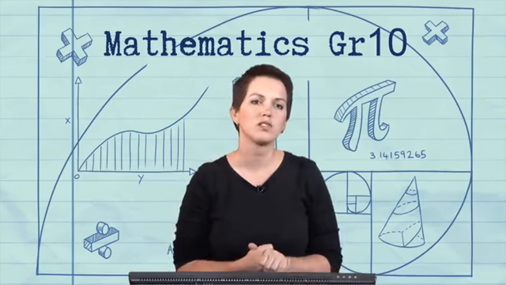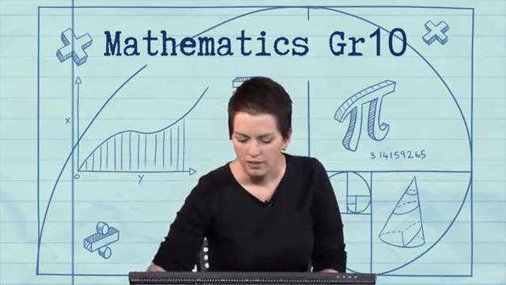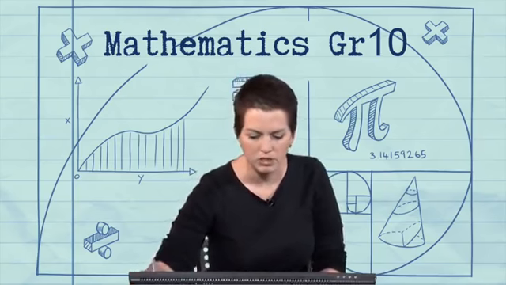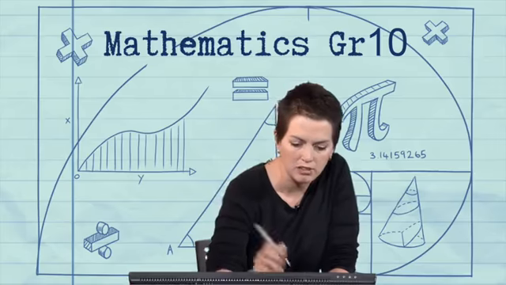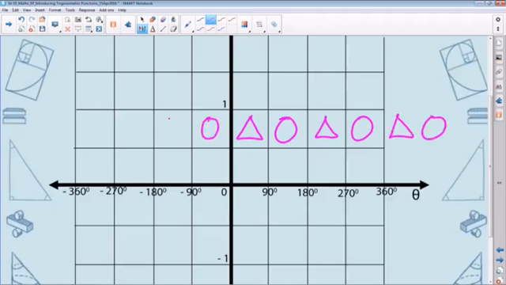So if we thought of it, actually let's draw on this. I'm going to use my cosine graph paper, and I'm just going to draw a pattern. And here we go. The pattern's going to be triangle, circle, triangle, circle, triangle, circle. And I think we can all agree that my pattern is just a bunch of triangles and circles.